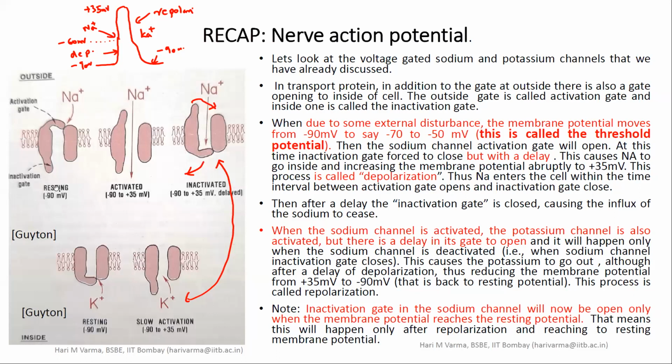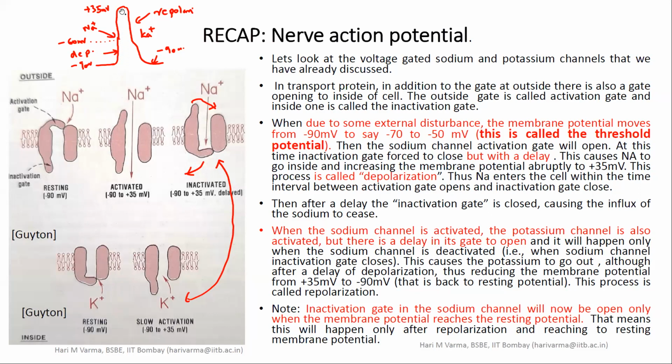But then we found that at the same time, a signal is given to the potassium gate to open so that the potassium can go out. But that will happen only with a given delay, right? So by the time a lot of sodium will come inside, that will increase the potential of the cell from minus 90 to plus 35.